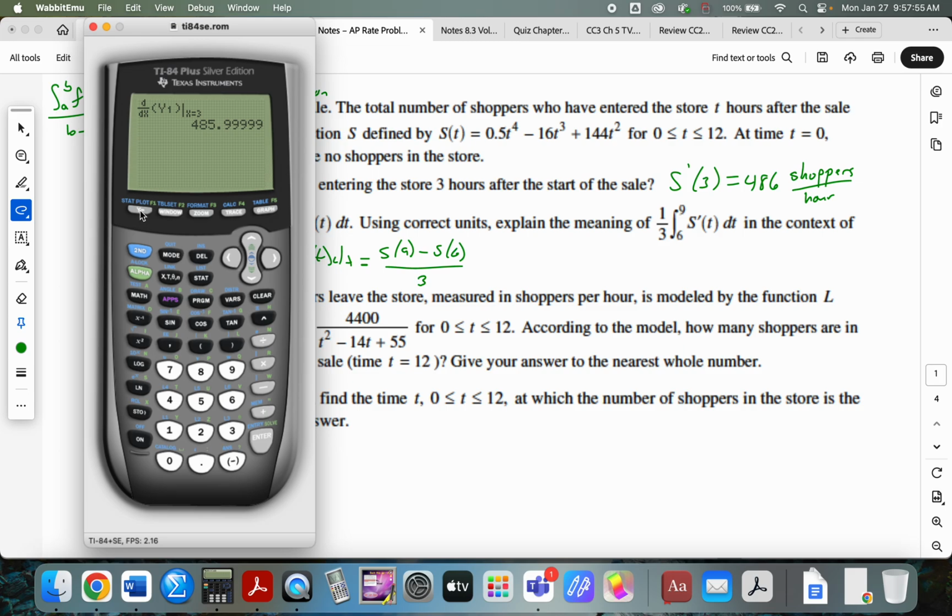I want it to be a fraction. So I'm going to evaluate y1 at 9 minus evaluate y1 at 6 and then divide that by 3. And it's 301.5.